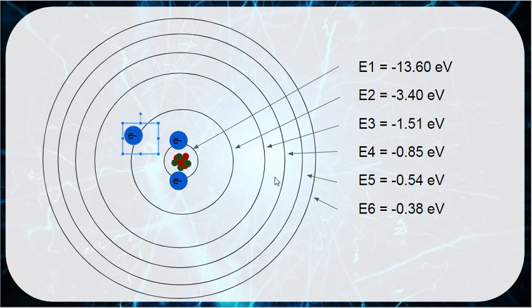And then Niels Bohr began to think, well, maybe there is an energy associated with each level. And if this electron can get enough energy, well, then maybe it can move up to a higher level. Uh-oh. Maybe it can move up to a higher level if it can get that extra energy.